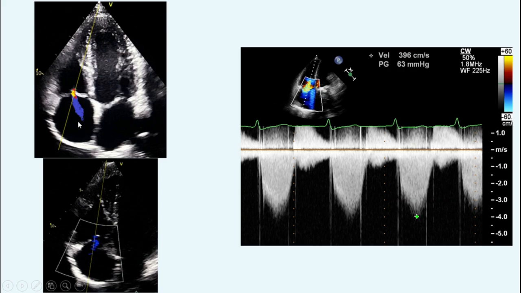Otherwise, we are always measuring less than normal, or underestimating. If we cannot do it in one view, we have to measure in all other views for TR, like the parasternal, PSAX, or even subcostal. Whichever of them is highest, we take that one in our evaluation.